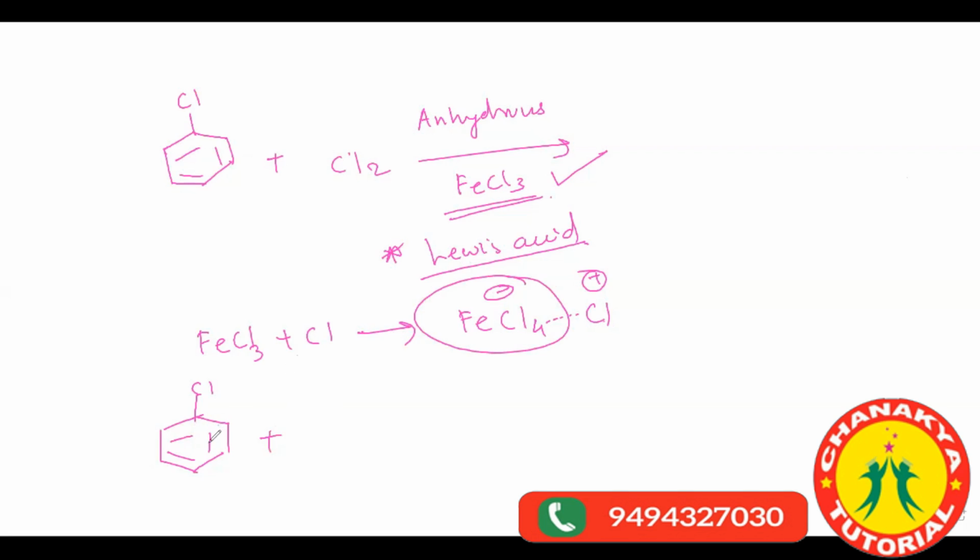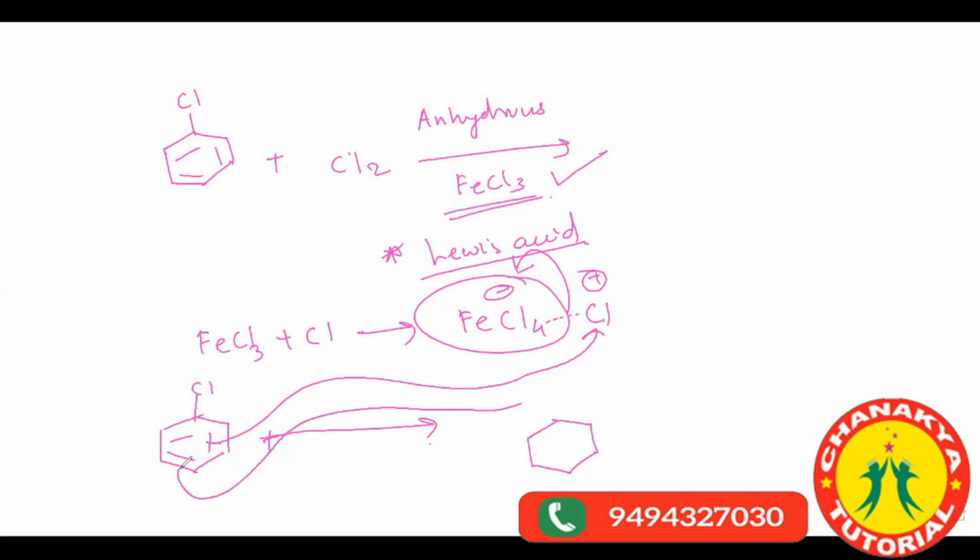Now what happened? This benzene would attack the Cl and this bond would break. And what will you get? A dichlorobenzene. But then the attack can be possible by this double bond or even this double bond. Whenever it happens with this double bond, your product would be this.